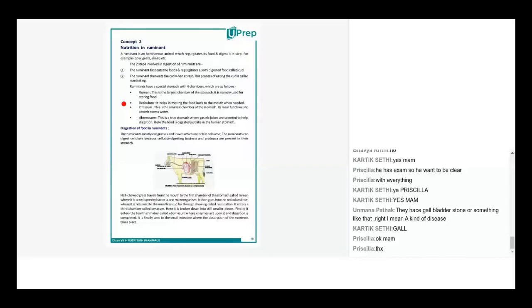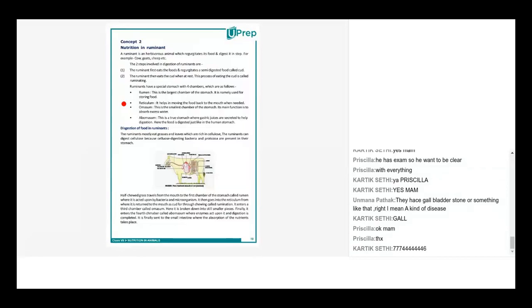The first one, there are 4 chambers in them: omasum, abomasum, rumen, and reticulum.